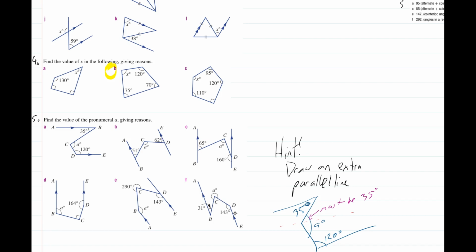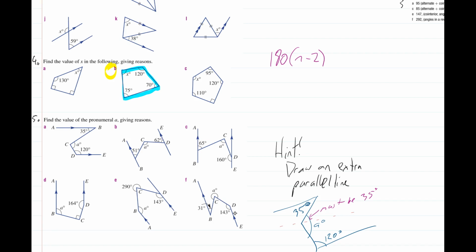I've got a quadrilateral, and I've got all of the angles except for x. So, let's work out how many degrees it's supposed to add up to on the inside. If you remember grade 7, you know that it should be 360 degrees for a four-sided shape. But there's actually a rule that you can use. The rule is 180 times n take 2, n being the number of sides.